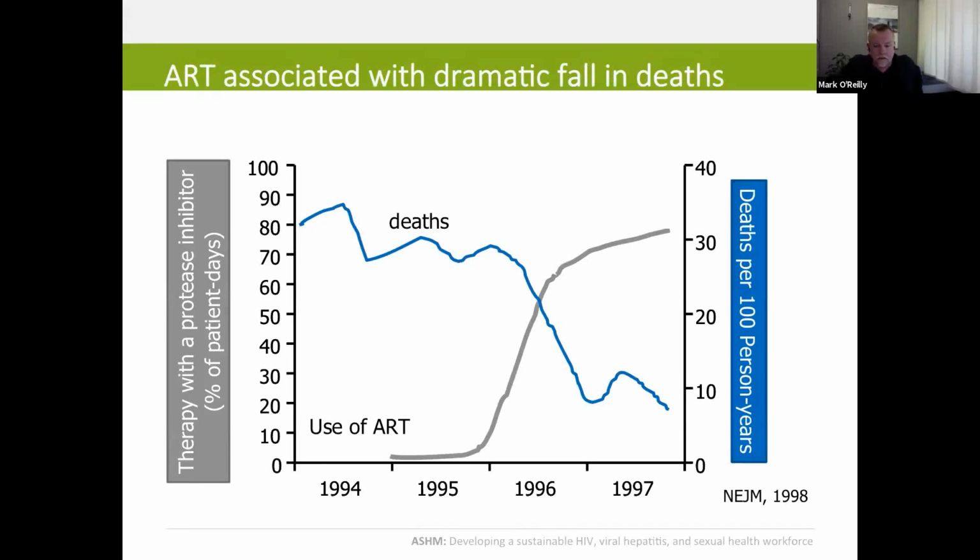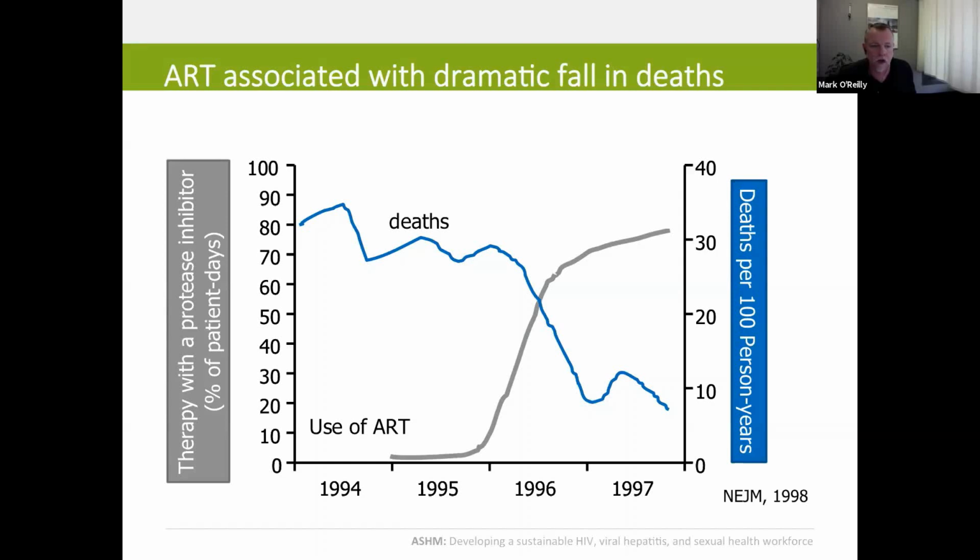This is a picture from the New England Journal of Medicine back in 1998, and it essentially shows the significant impact that commencing protease inhibitors, so early antiretroviral regimens, had on death, basically. So the protease inhibitors came along in sort of 1994-95, and after the World AIDS Conference in Vancouver in 96, triple therapy with a protease inhibitor in the mix became standard of care.